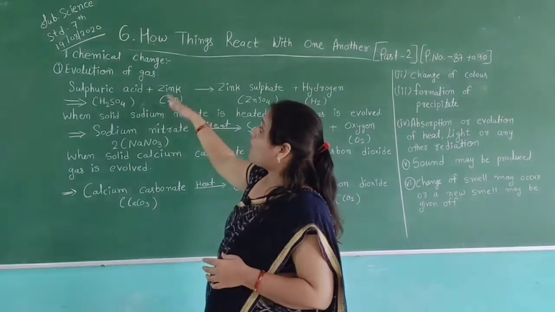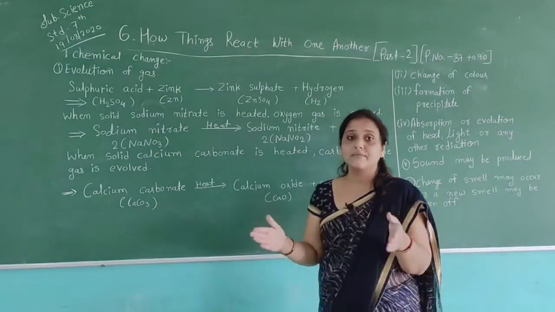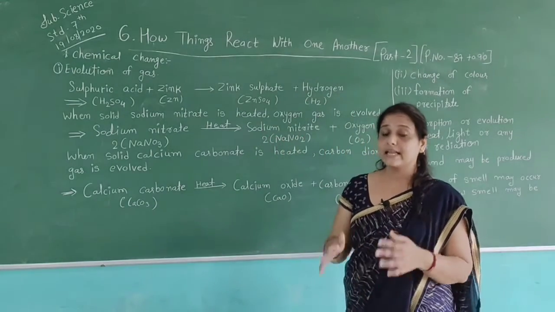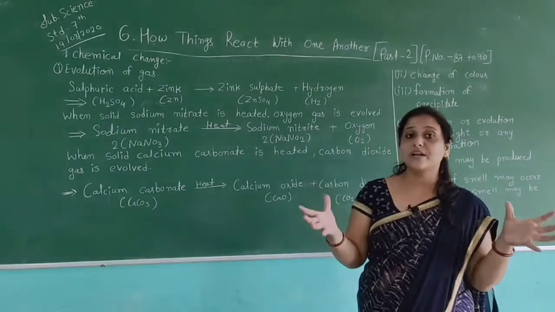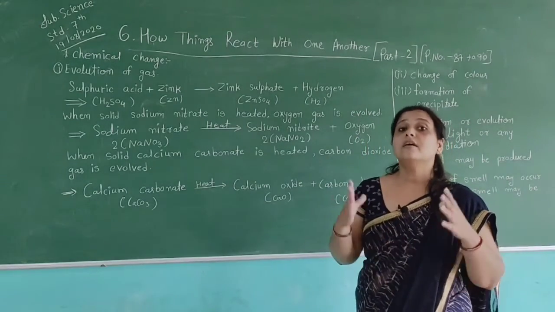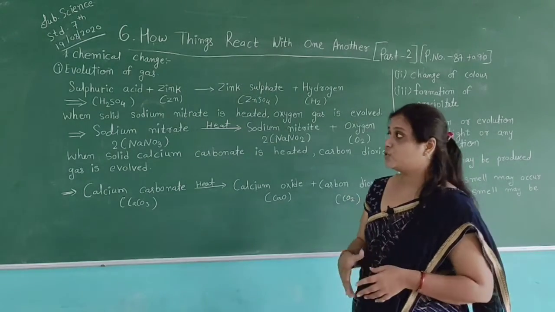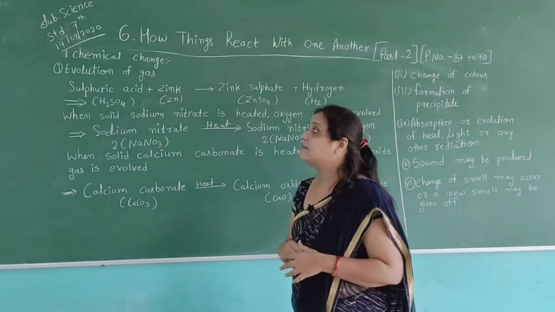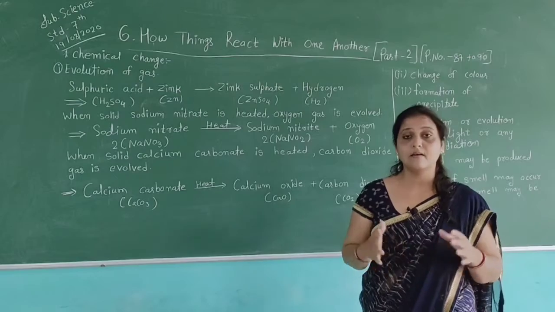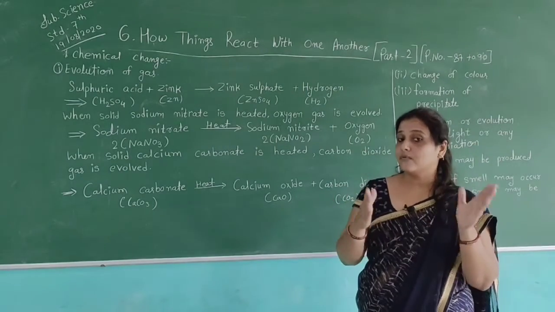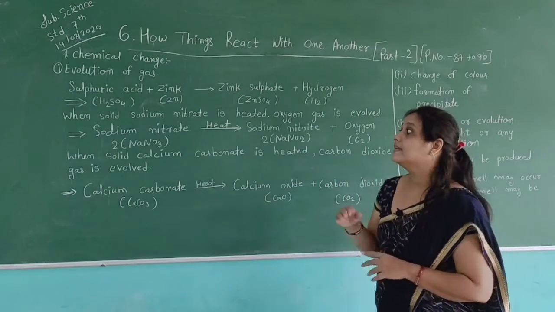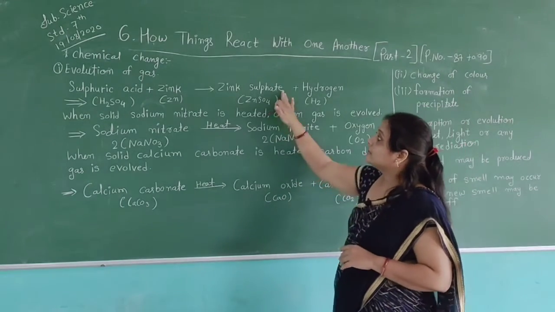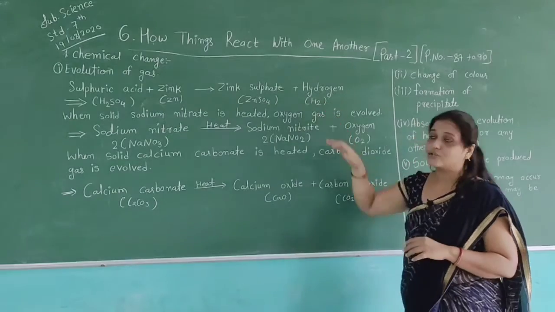First we have evolution of gas. In chemical change, we get new types of substances when two types of chemical substances react to each other. First we have sulfuric acid plus zinc. When we add zinc to sulfuric acid, we get zinc sulfate plus hydrogen.